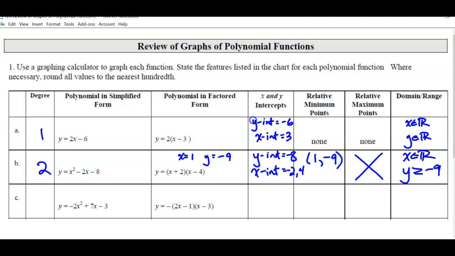That's degree 2 again. This one's opening down because of that leading coefficient. So there'll be a maximum, right? Not a minimum. Remember the property that the maximum number of x-intercepts is equal to the degree.